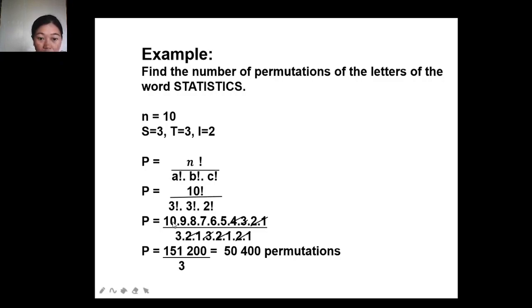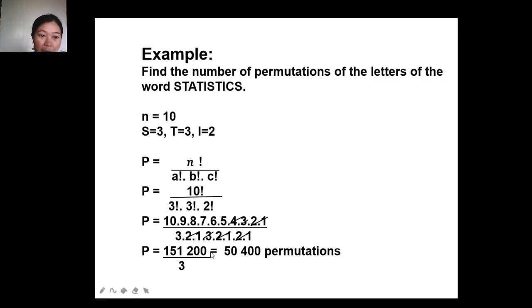If you multiply the numerator, 10 times 9 times 8 times 7 times 6 times 5, it will give us 151,200 divided by 3. The answer is 50,400 permutations.